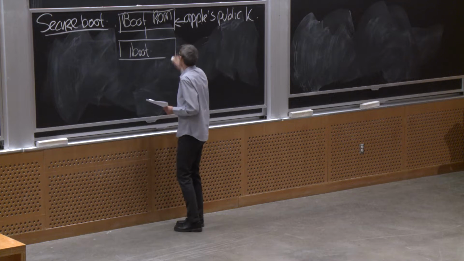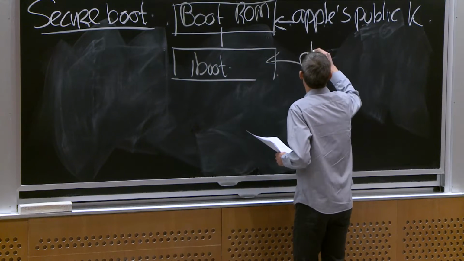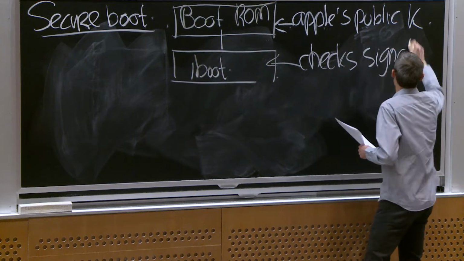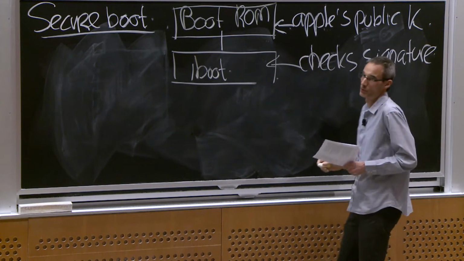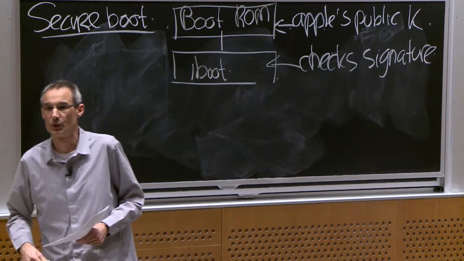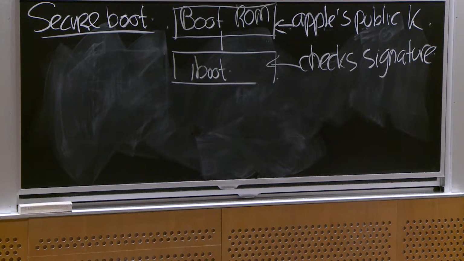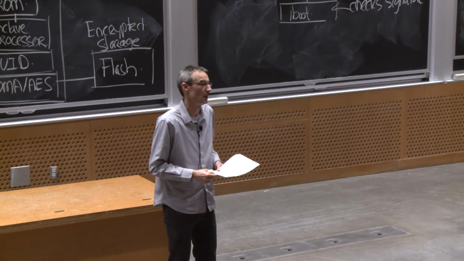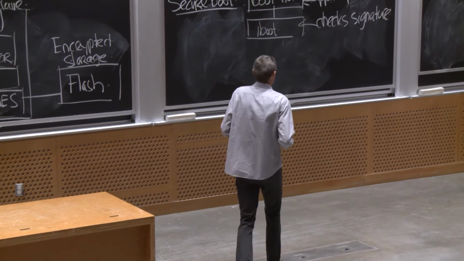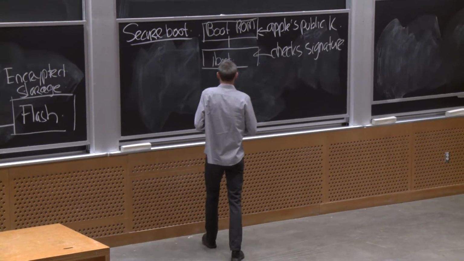And so it checks the signature. And that turns out to be the basic plan. Every piece of code that runs after this, the first thing it does before starting a new piece of code, it will check whether it was signed with Apple's private key and make sure that signature checks out.